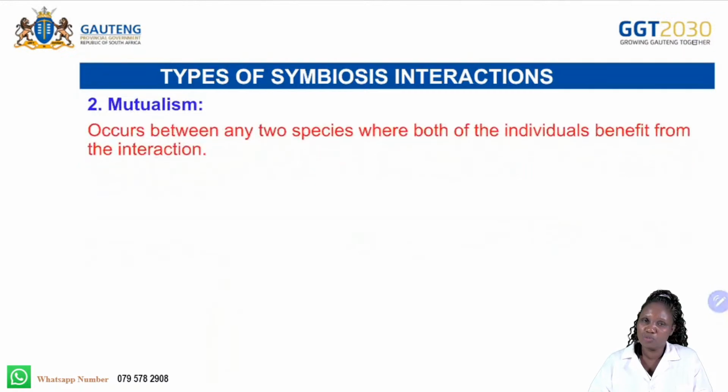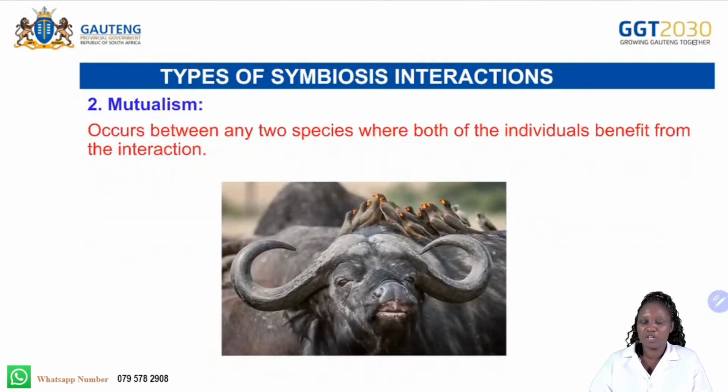And then what about mutualism? When we're talking about mutualism, we're talking about the relationship. It occurs between two species where both of the individuals benefit from the interaction. For example, we've got buffaloes. Remember, buffaloes are wild animals. They live in the wild. At times they come across different diseases. They'll be having ticks.